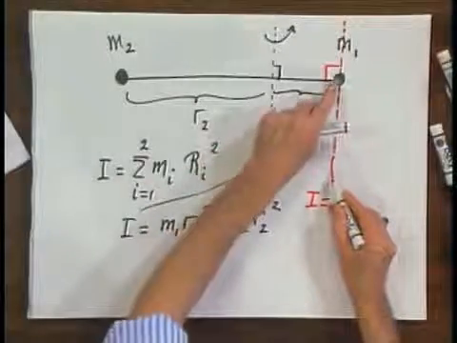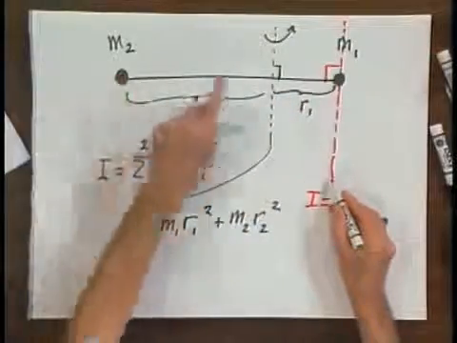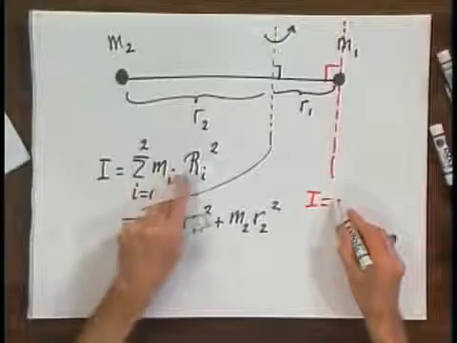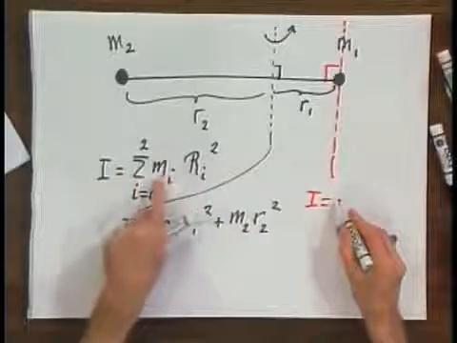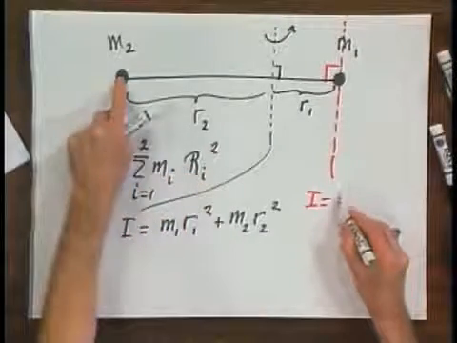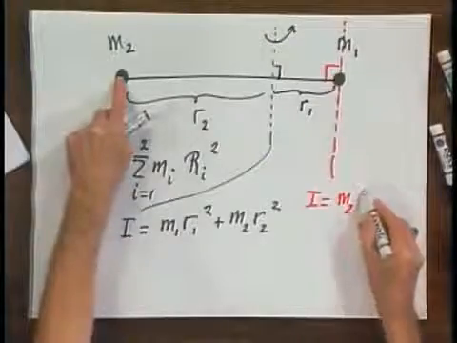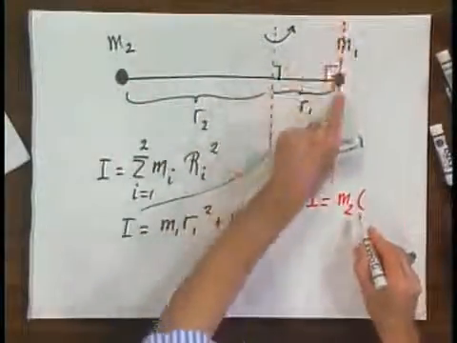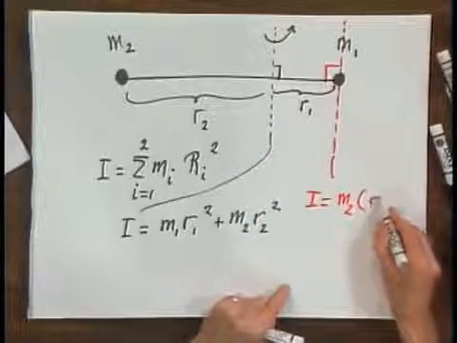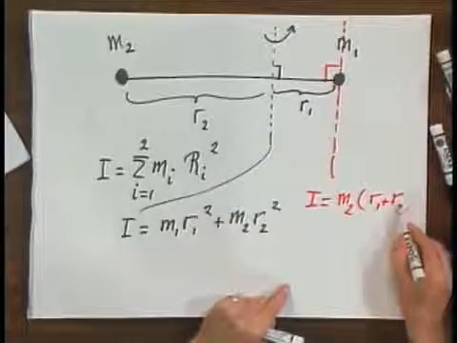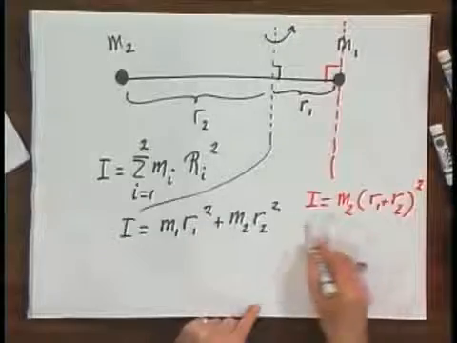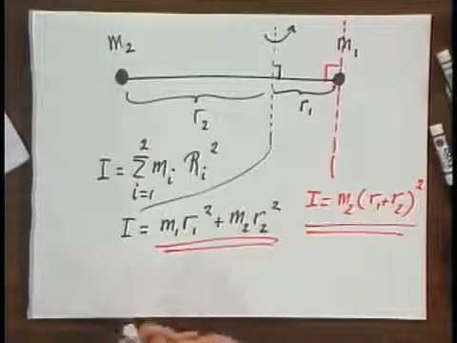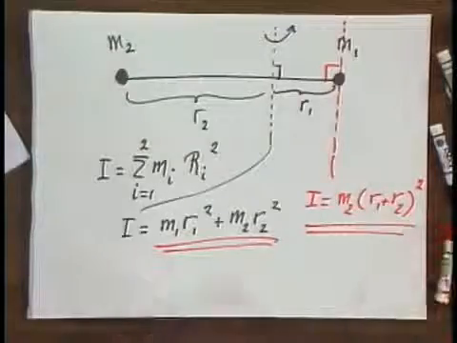So the only mass that contributes to the moment of inertia is mass 2, and so we now find that the sum of m_i r_i squared is now simply m2 times this distance, the distance from m2 to this axis, which is (r1 plus r2) squared. And this number is different from this number. So the 2 are clearly not the same.